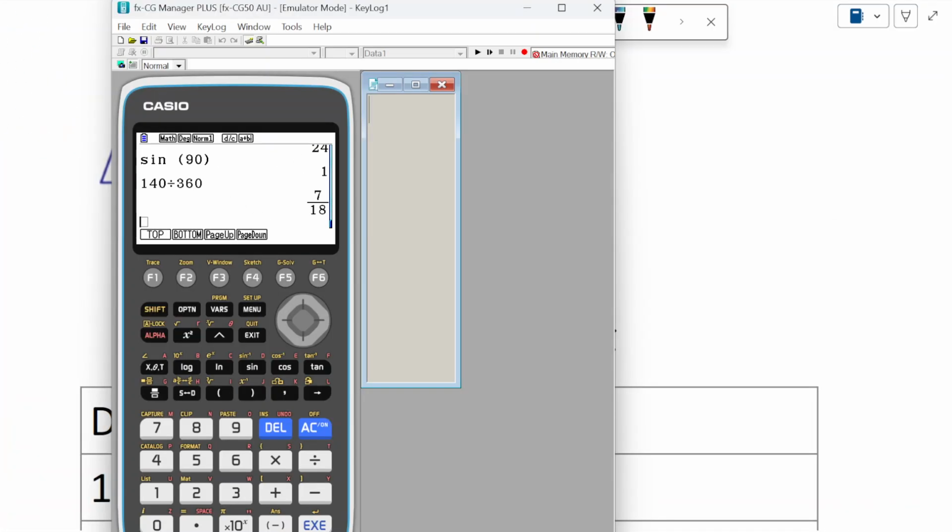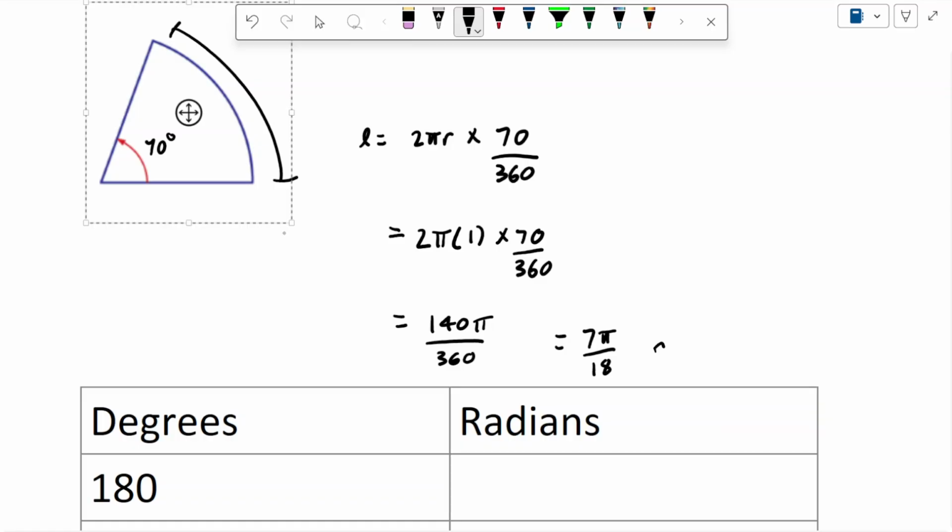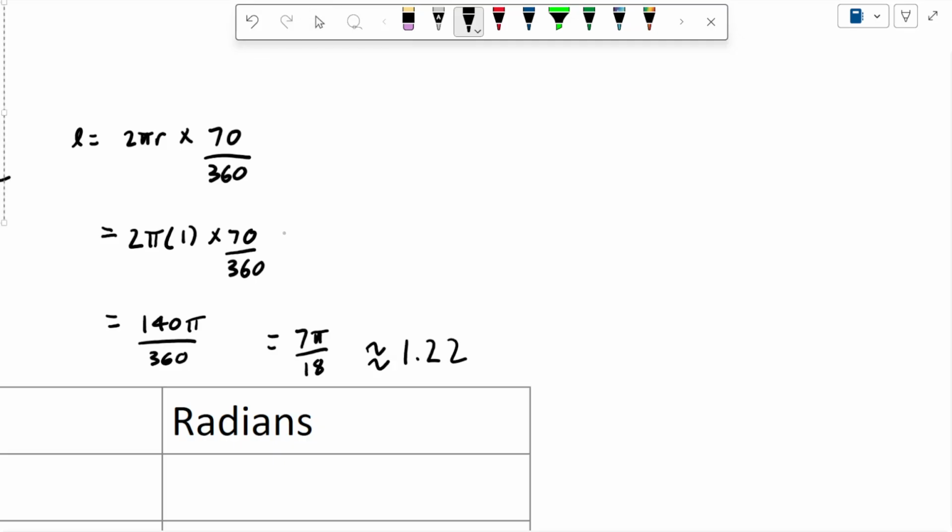And importantly, we can get an approximate for that. If I look at 7 times pi and divide it by 18, then our approximate is going to be 1.22. So 70 degrees equals roughly 1.22 radians.